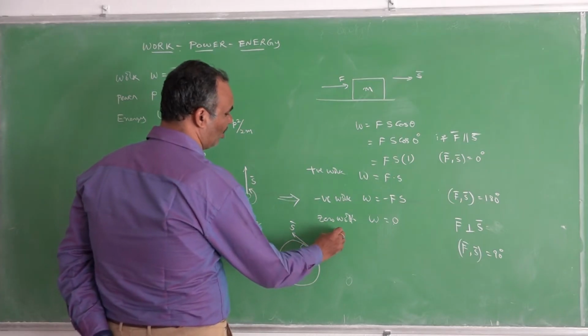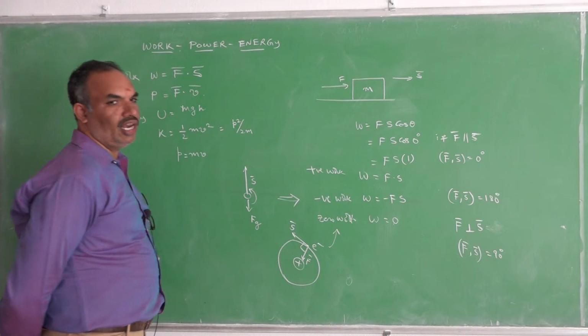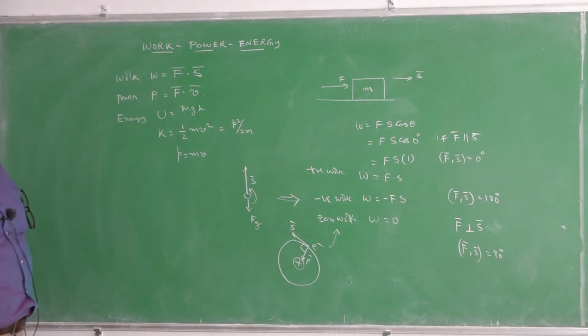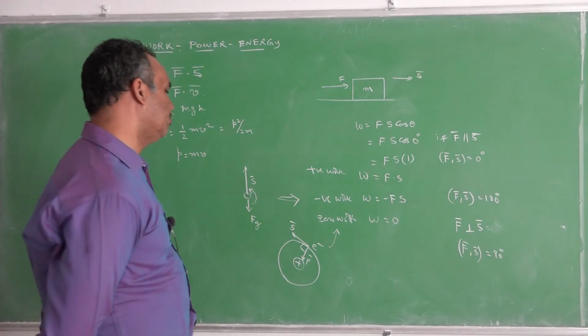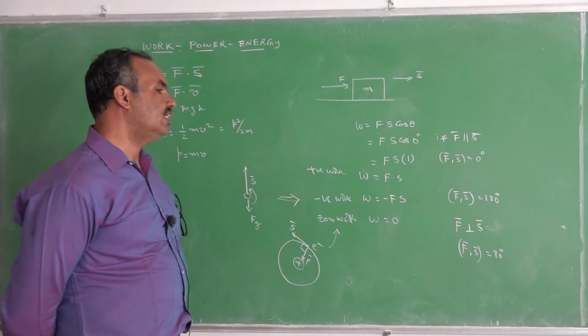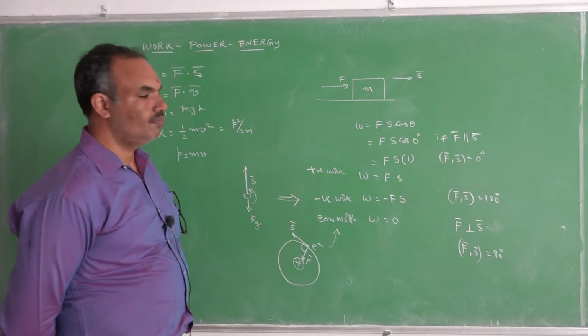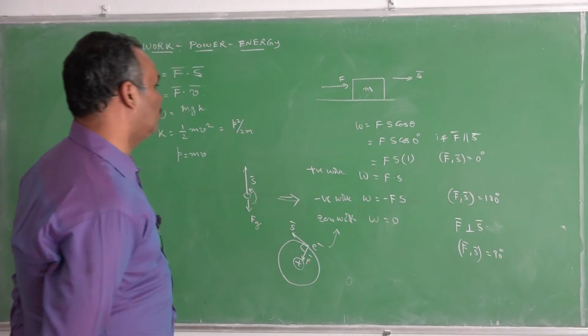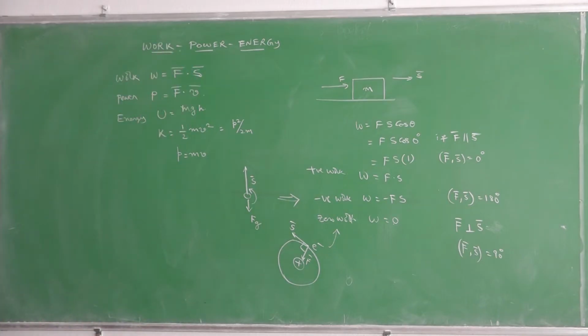In that case, the work done by the electrostatic force between the nucleus and electron to provide the displacement along that circular path is 0.